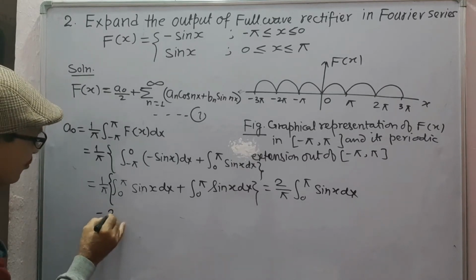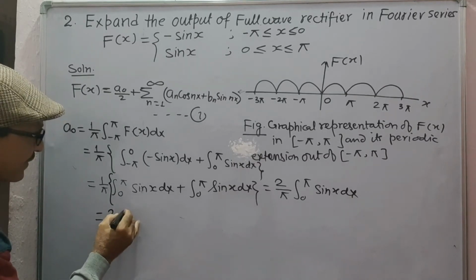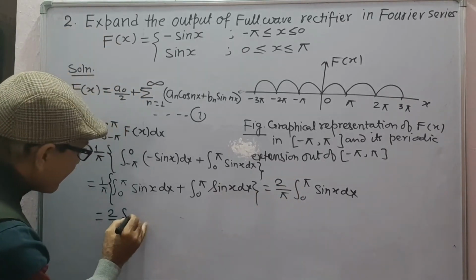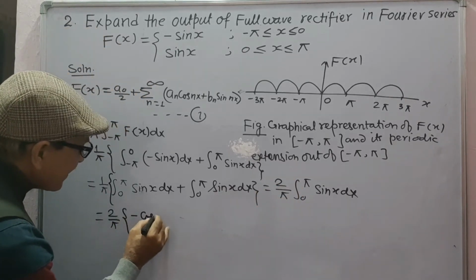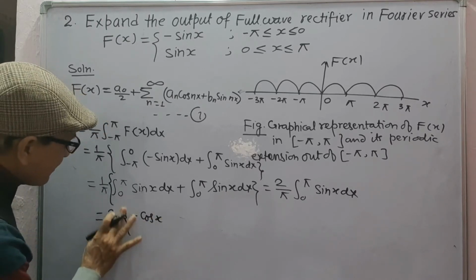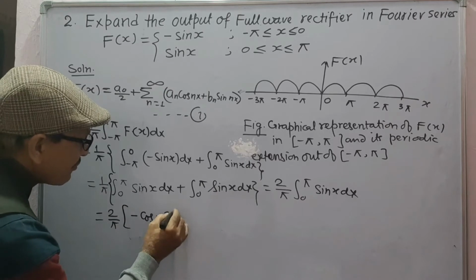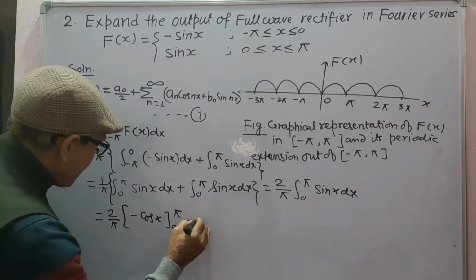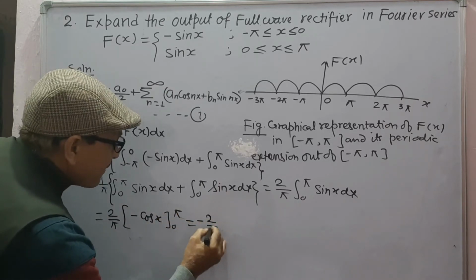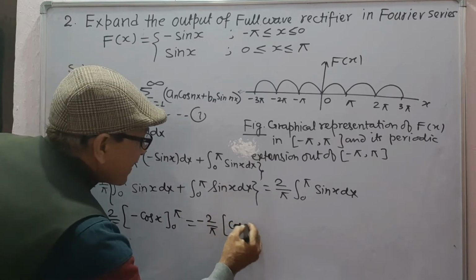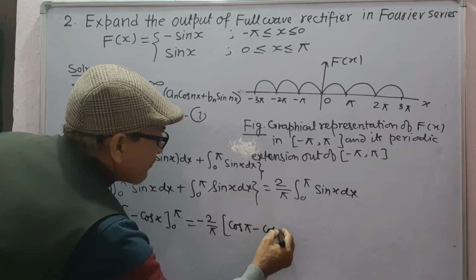This will be equal to 2 upon pi, the integral of sin x is minus cos x, from 0 to pi. This is minus 2 upon pi, cos pi minus cos 0.